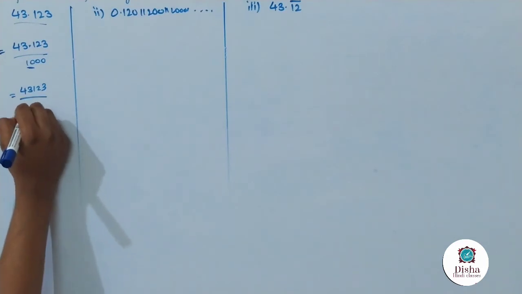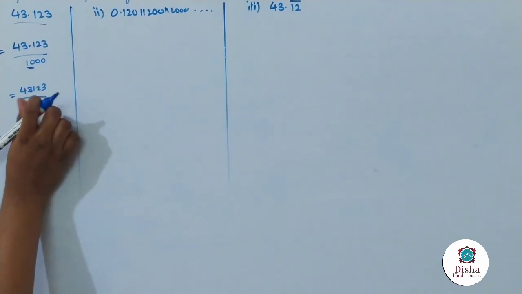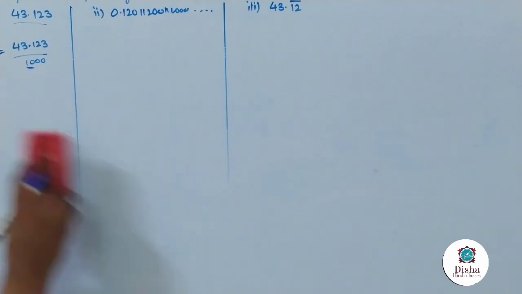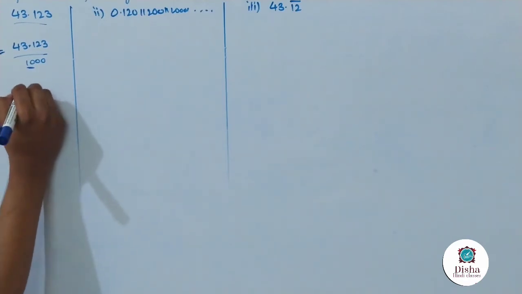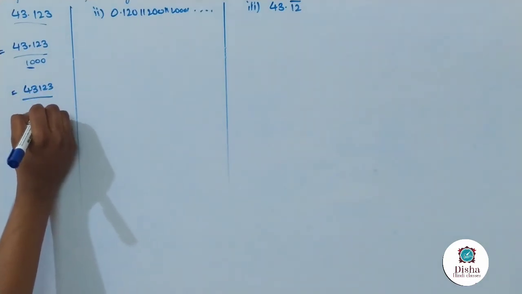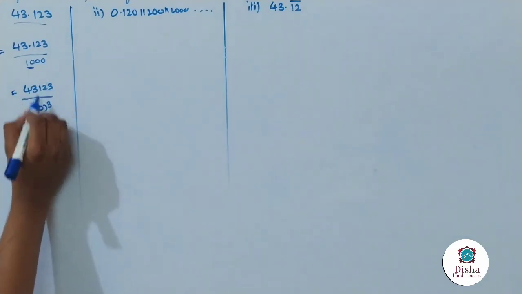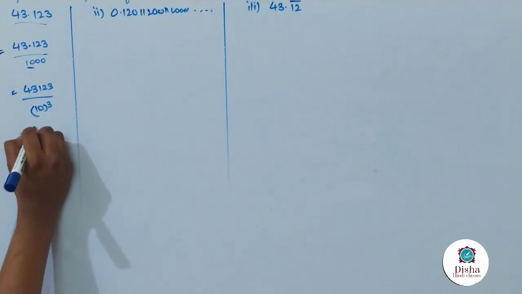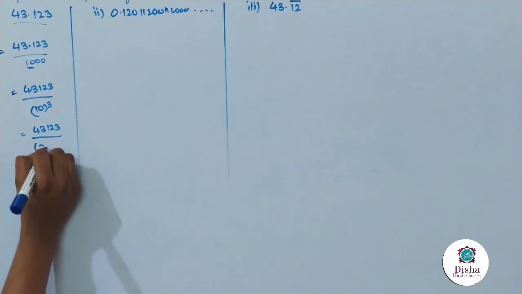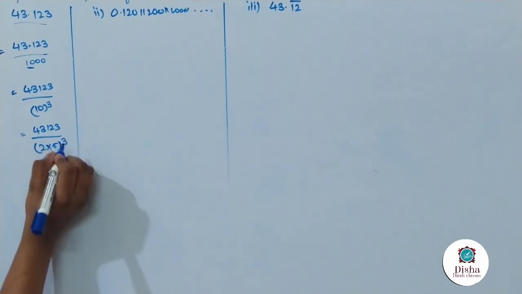So it will be basically equal to 43123 divided by 10 power whole cube. 1000 is 10 cube. So now we get 43123 over 2 into 5 whole cube.